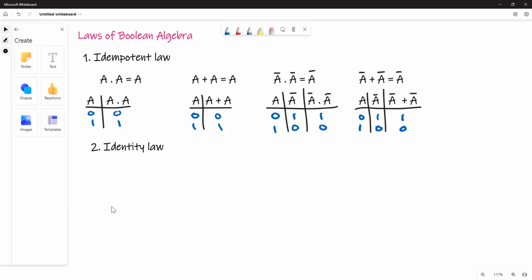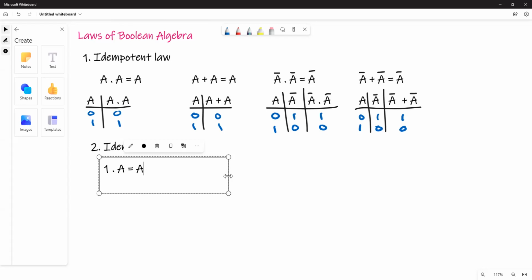Right, here are also a couple of expressions. You can try the same. Whenever you multiply this with one variable, this law says 1 dot A equals A, sorry.